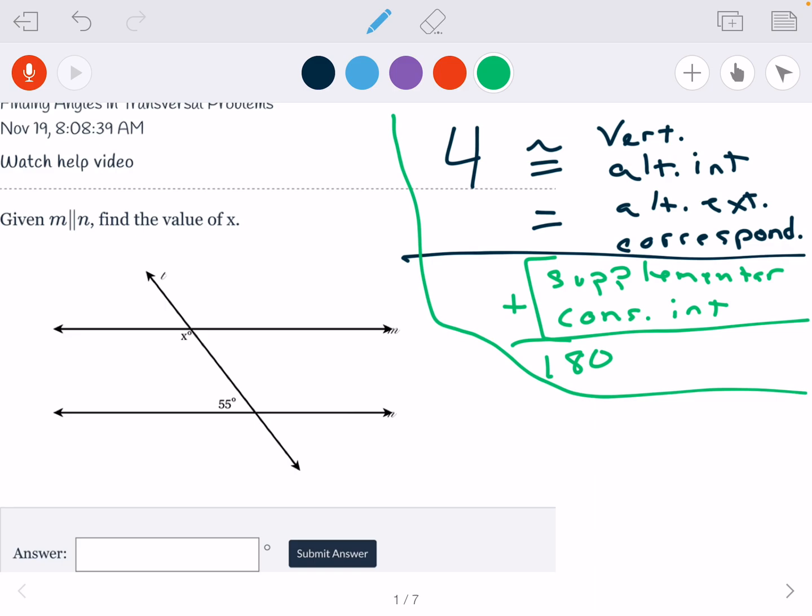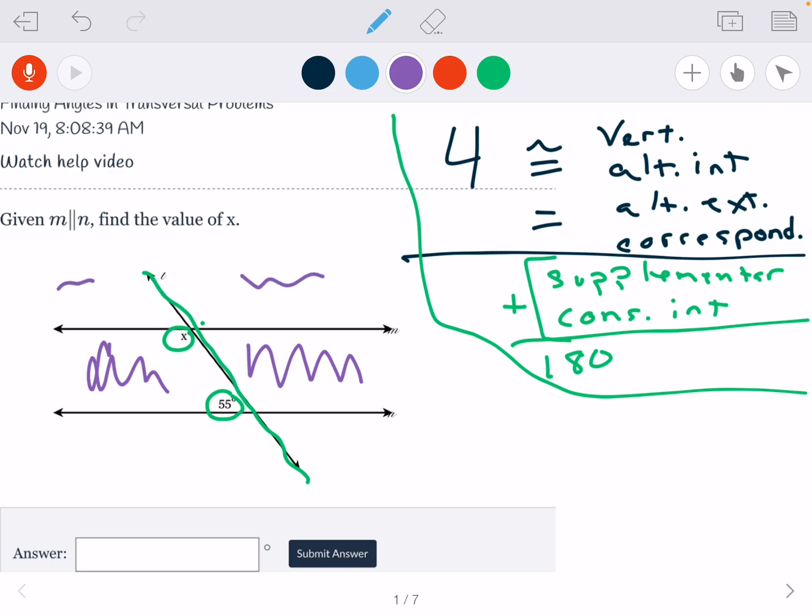So with that being said, the first thing you do, you've got parallel lines here. This line here is your transversal. So you look to see what the angles are. I've got an X and a 55. Are they inside, in between my parallel lines, or are they outside?